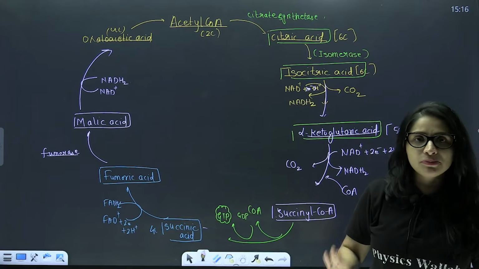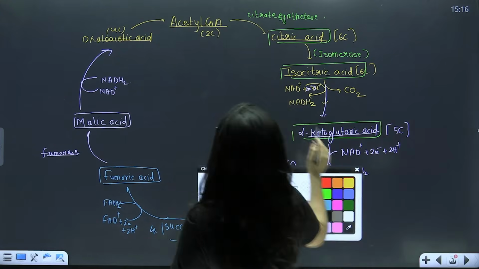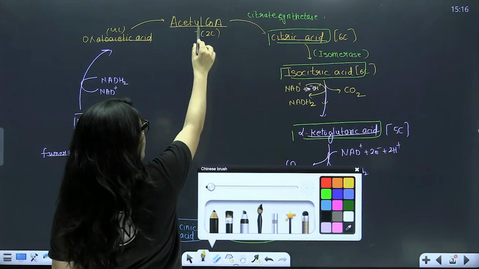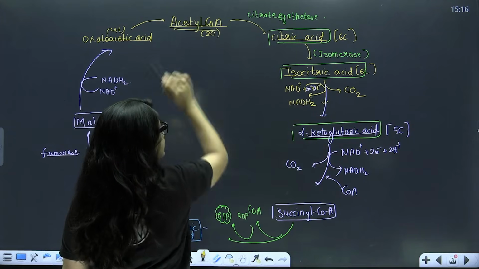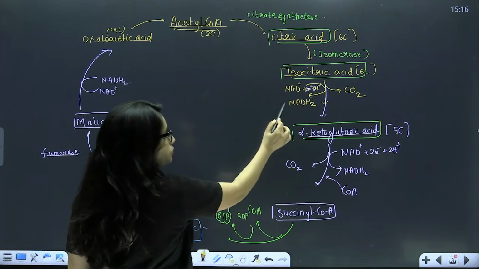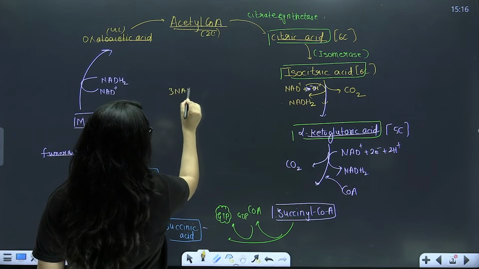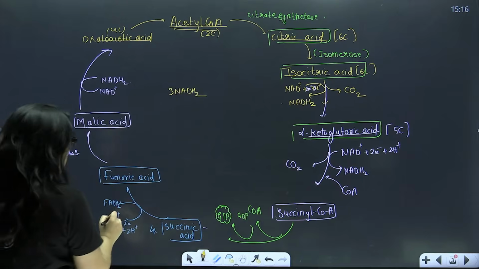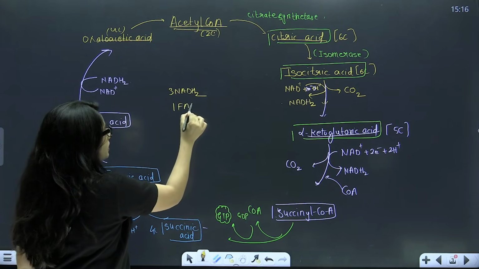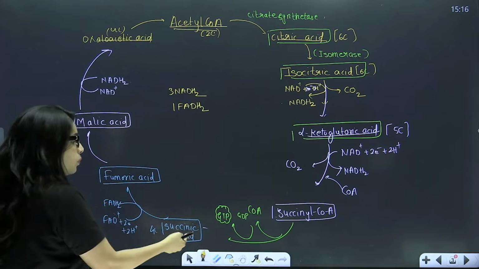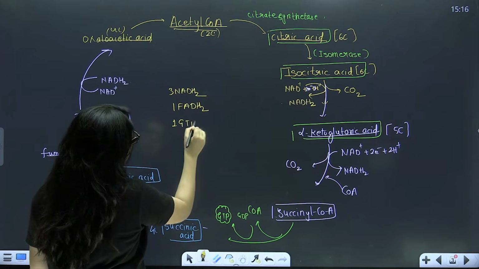So here you have observed that per Krebs cycle, in order to oxidize a 2-carbon compound acetyl coenzyme A, we have produced 1, 2, 3 molecules of NADH, 1 molecule of FADH2 over here, plus 1 direct source of energy, which is GTP.